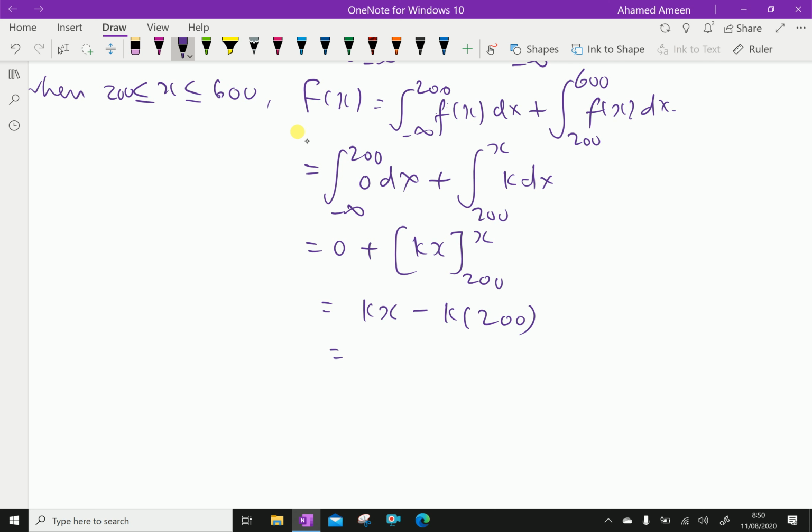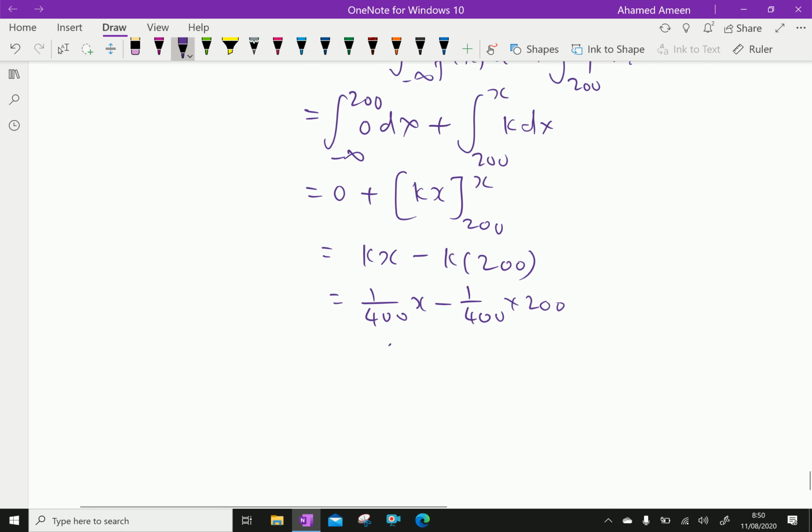K value is 1 by 400, so 1 by 400 x minus 1 by 400 into 200. So x by 400 minus 1 by 2.